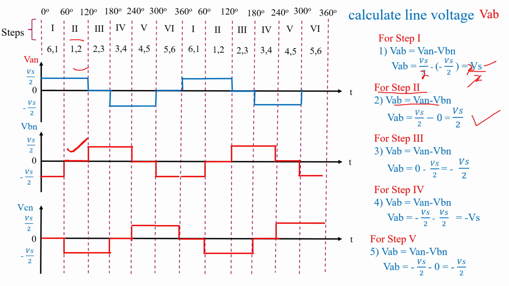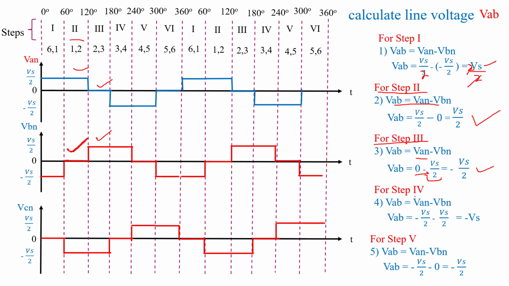Same for step 3, VAN minus VBN. In the waveform, VAN is 0 and VBN is Vs by 2. So we get minus Vs by 2.